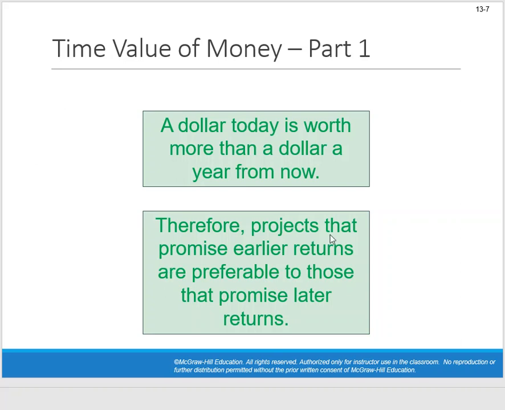So they tell us, therefore, projects that promise earlier returns are preferable to those that promise later returns. So if you have a project that's going to return $100,000 to you next year, or there's another project that you're considering and it'll return $100,000 to you, but that's 5 years out, well, the one that returns the amount sooner is better. But we do have to do some computations for that time value of money.